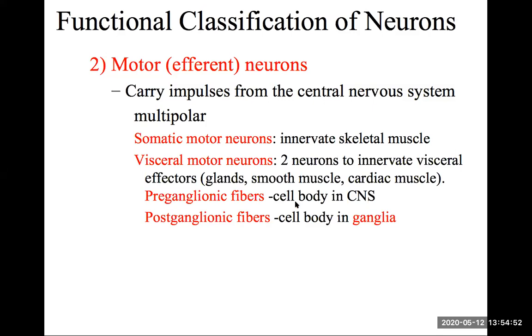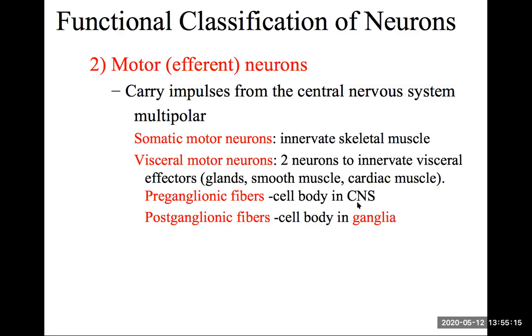So the impulse leaves the central nervous system and travels through the first neuron. And remember, these are all multipolar neurons. This first multipolar neuron has its soma, or cell body, safely hidden within the central nervous system.